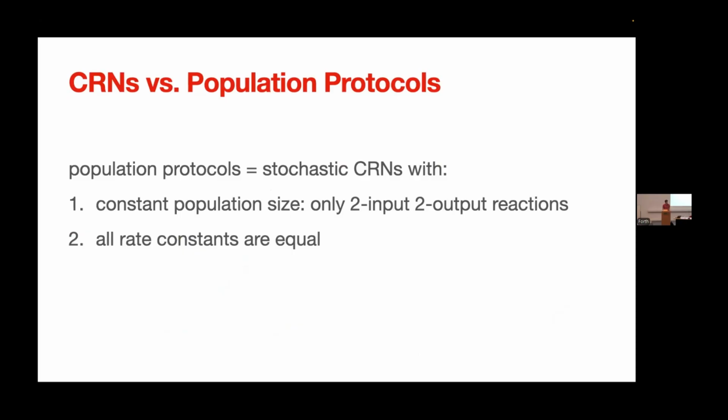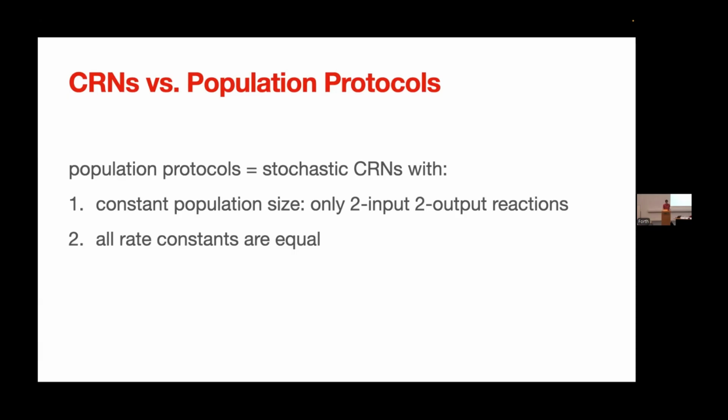There's an obvious comparison that has to be made with population protocols. Population protocols are also about things that meet and change state. If you think of them under a stochastic uniform scheduler, which many people do, you would have population protocols being a subclass of these stochastic CRNs.